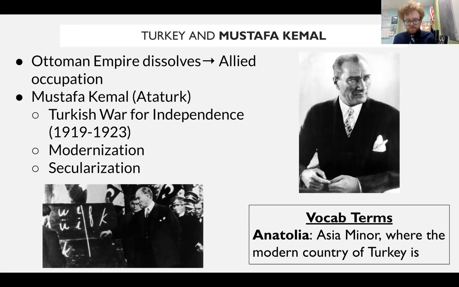And this is going to be met by Turkish nationalism. We are going to see the rise of a certain guy by the name of Mustafa Kemal. Kemal is a Turkish nationalist. He wants to expel the European presence, the Allied presence in Turkey. So he's going to lead a military campaign comprised of his nationalist former Young Turk Party to drive out the Allies and the war of Turkish independence.